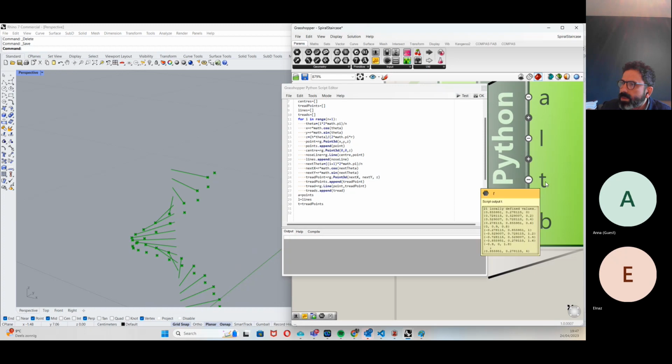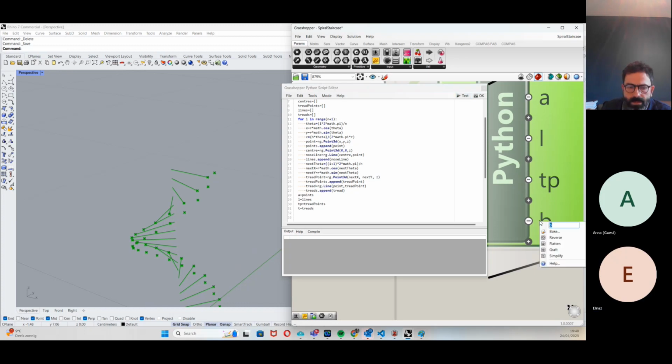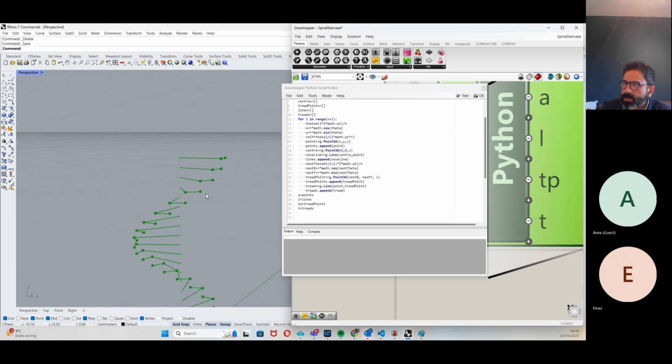What did we use this for? TP, T equals threads. Good.